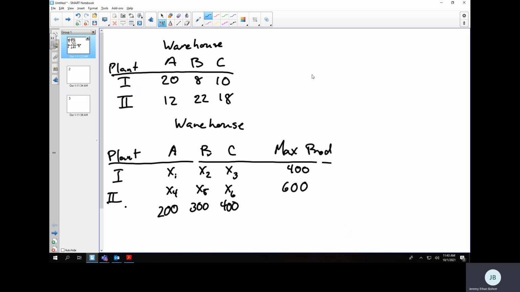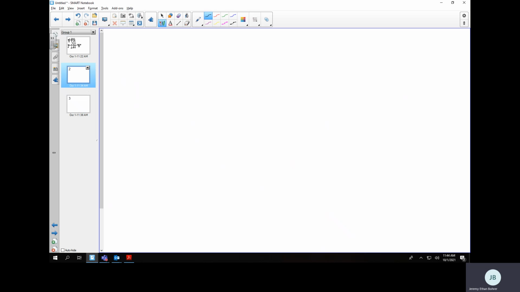Thus, the total monthly shipping cost is going to be this: C equals 20x1 plus 8x2 plus 10x3 plus 12x4 plus 22x5 plus 18x6.